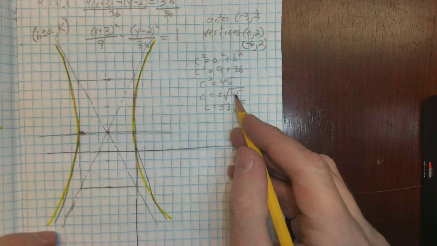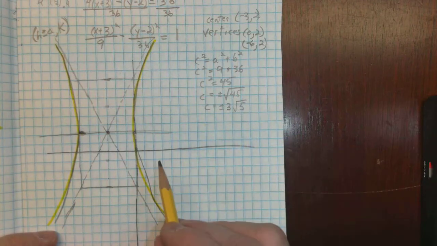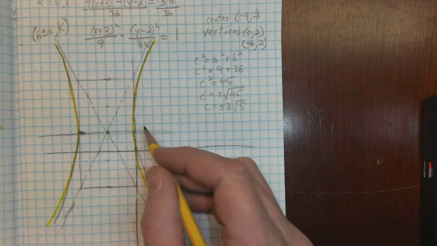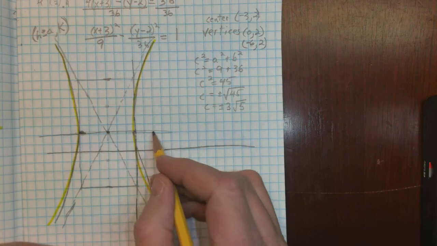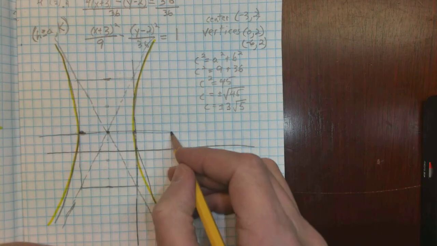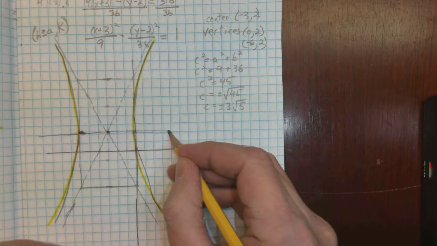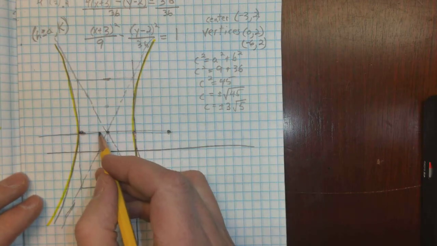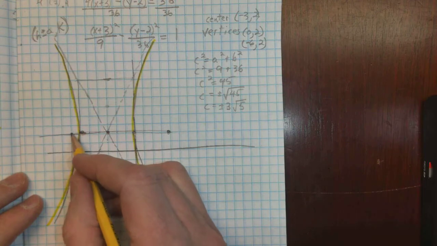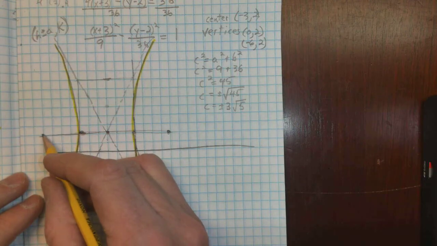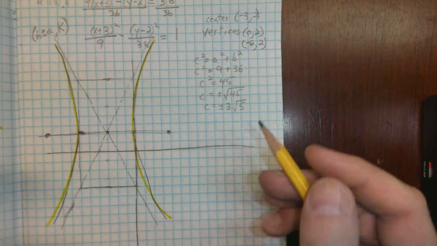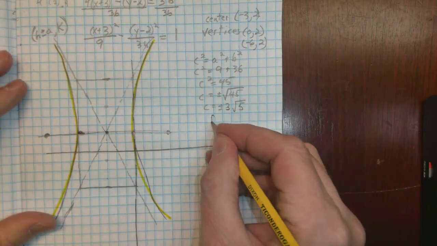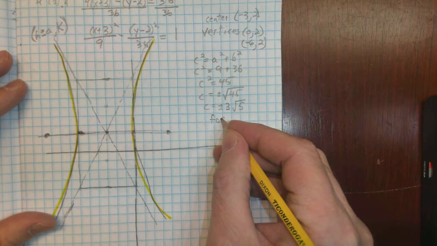Okay, a little short of 7 here is what these are, so from the center, 1, 2, 3, 4, 5, 6, 7, a little short right here. 1, 2, 3, 4, 5, 6, 7, a little short here. There's our foci, and I'm going to write down their coordinates there.